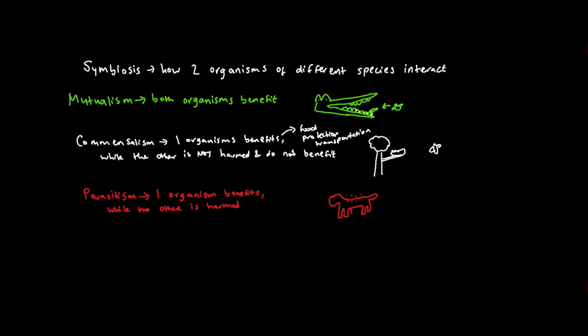So, in this case, the fleas benefit by absorbing nutrient rich blood from the dog, while the dog is harmed by potentially getting a disease from the fleas. On top of that, too, they're having the nutrients in their blood absorbed, which is going to make them weaker, not stronger.